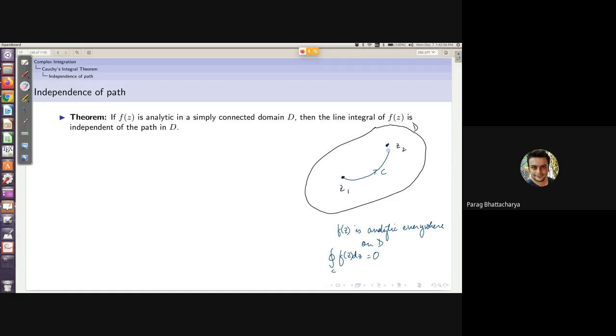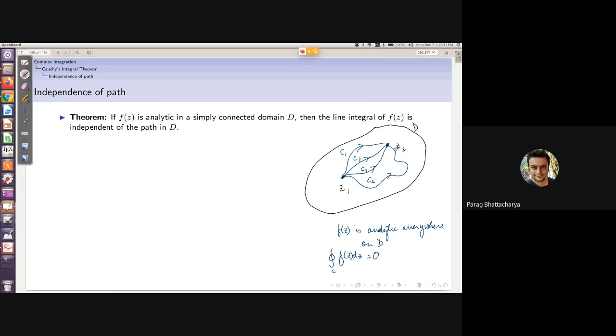The proof is very easy. If you want to integrate from z1 to z2, it really does not matter which path you take. It could be any complicated path. Let's say these paths are C1, C2, C3, C4.